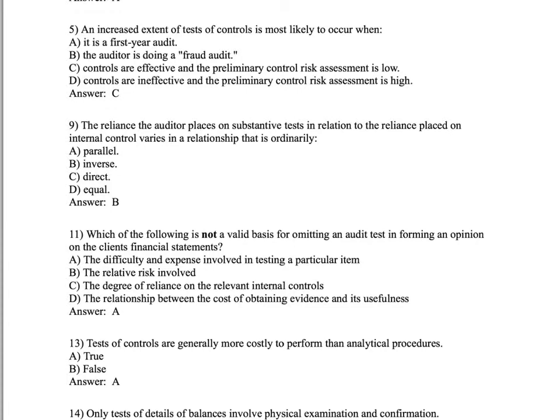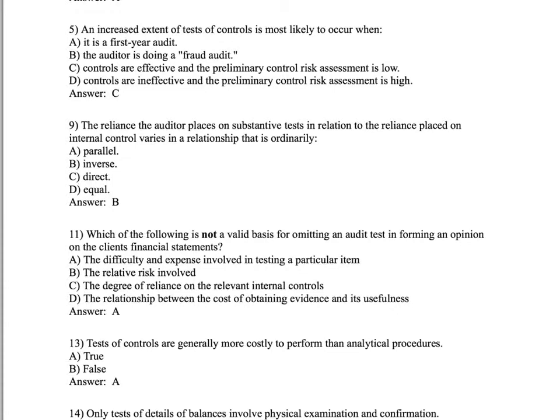Number 9, the reliance the auditor places on substantive tests in relation to the reliance placed on internal controls varies in a relationship that is ordinarily inverse. So when you have your substantive tests, and then you have internal controls, there's an inverse relationship.